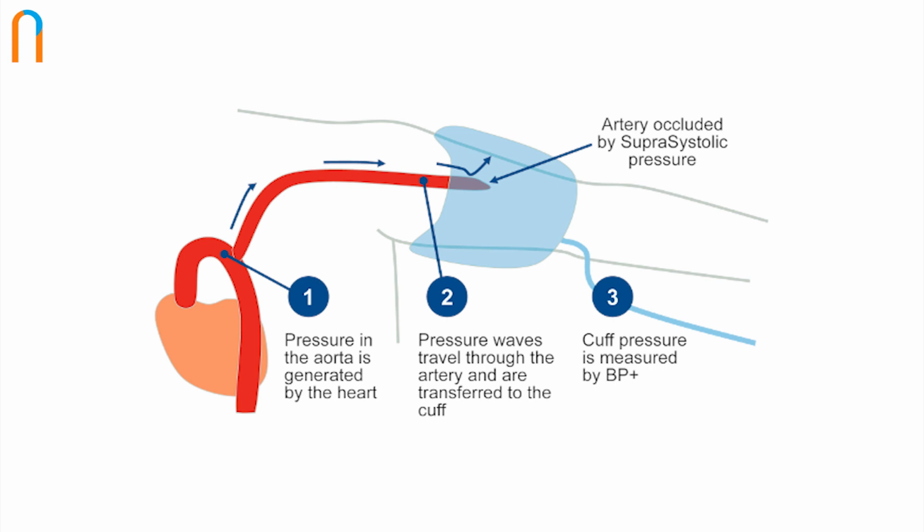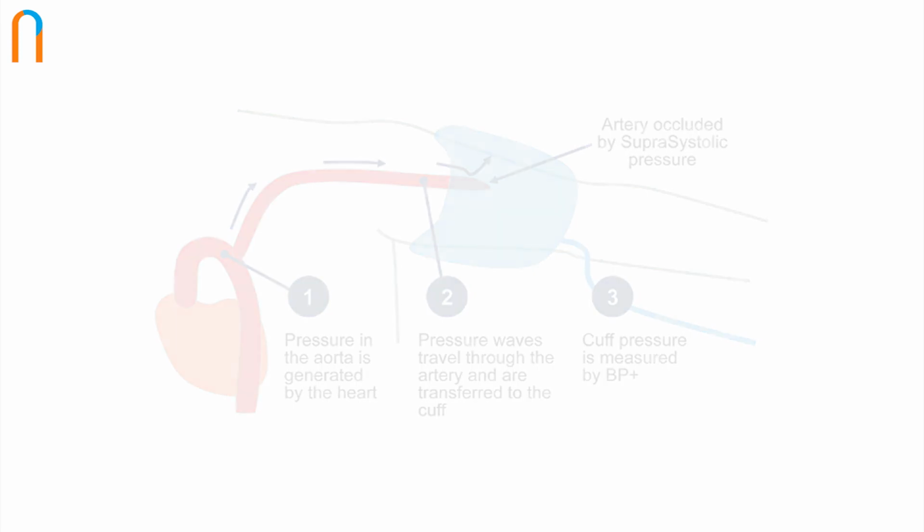Mean arterial pressure necessarily falls between the systolic and diastolic pressures. A useful rule of thumb is that mean arterial pressure is approximately equal to diastolic pressure plus 1/3 of the difference between systolic and diastolic pressures.